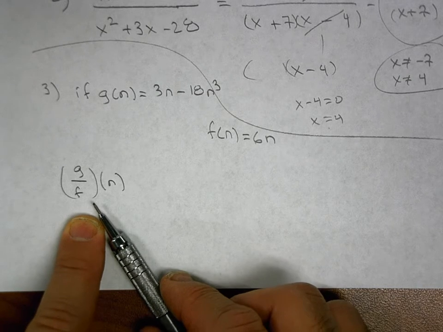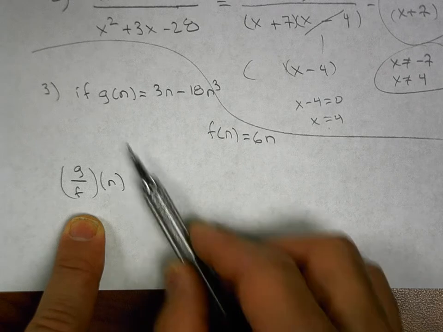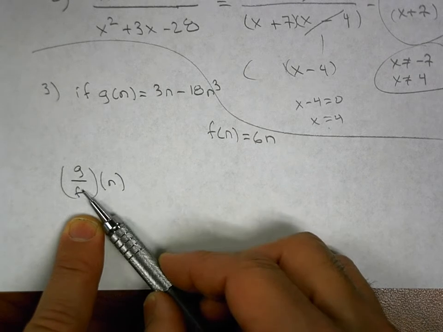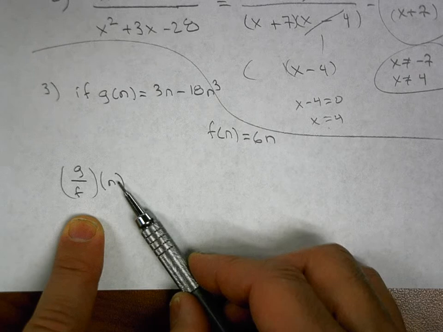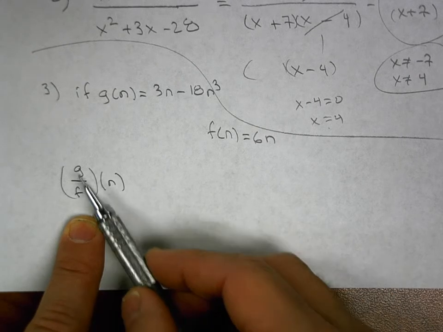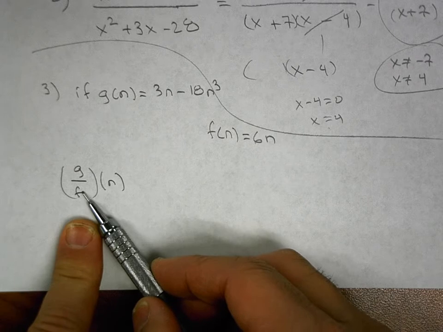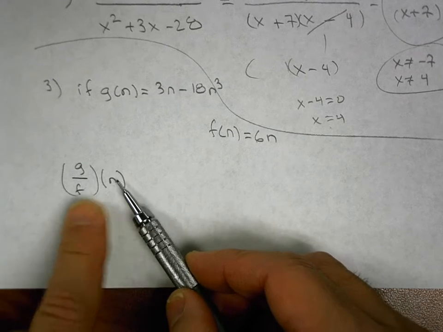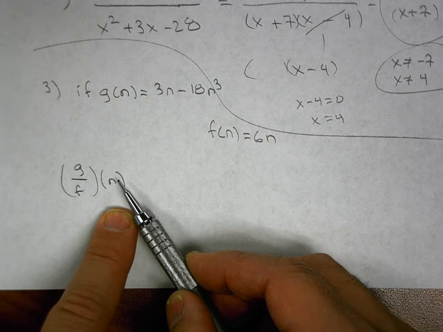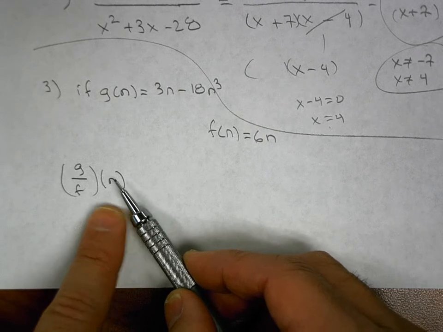Well, first of all, this is just a notation. Just like f of x, this is g divided by f of n. So this is not, and I'll repeat, this is not g divided by f and then times n, right? This is not times n, this is just notation.